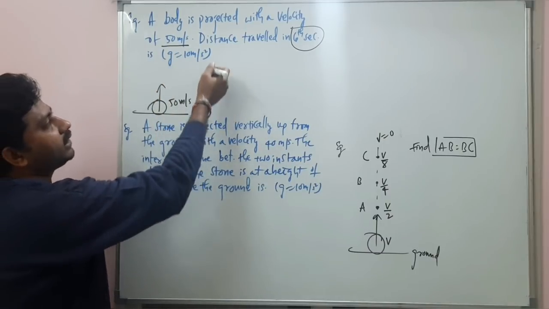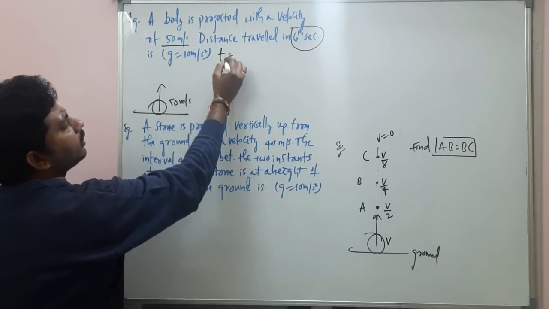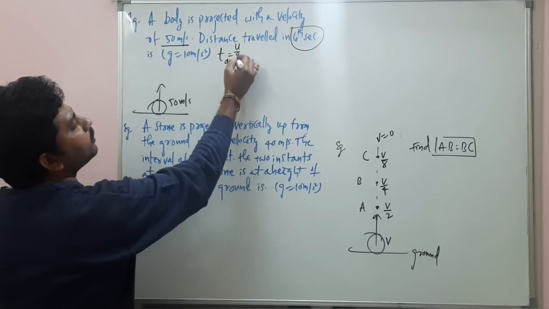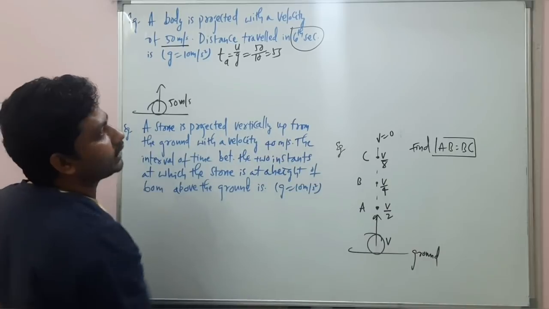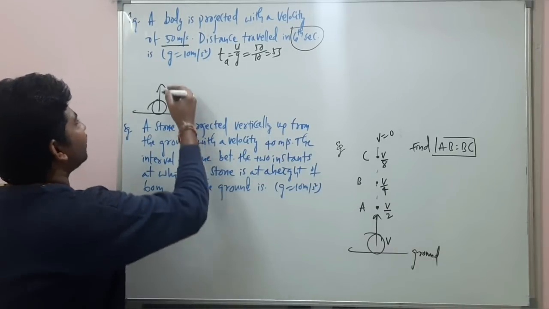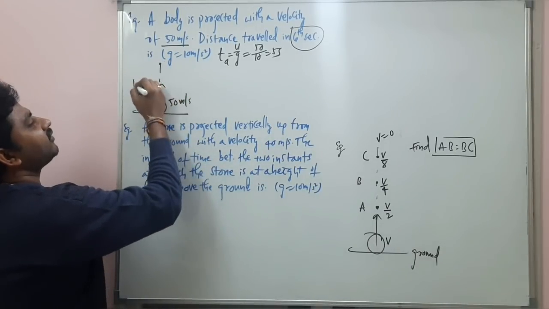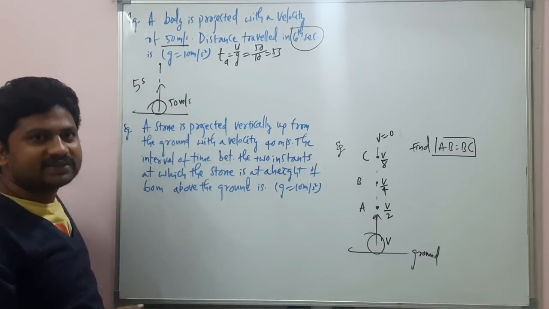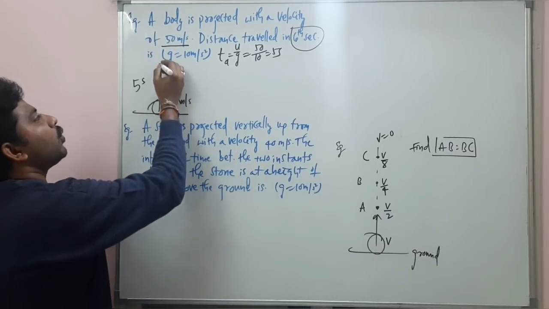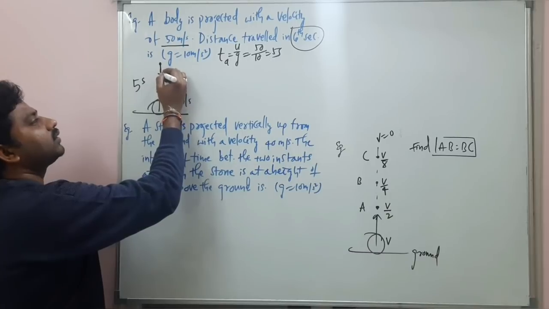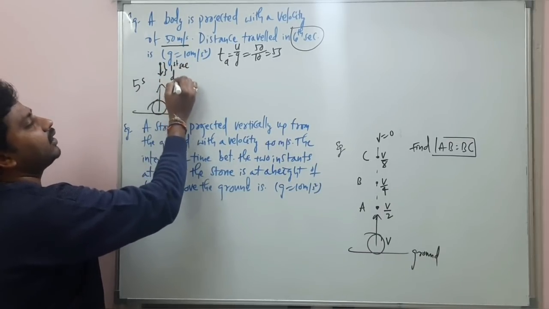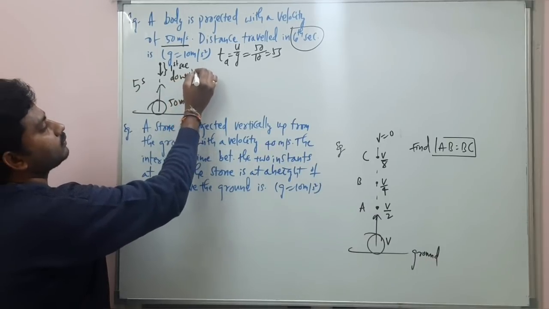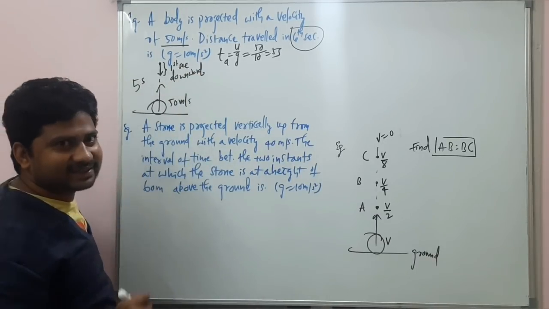So, time taken by it to reach the maximum height, we have the formula, time of ascent, which is u by g. U is 50, g is 10, it's 5 seconds only. So, 5 seconds it will take to reach the maximum height. 6th second means what? While coming down, right? So, this is the first second of downward motion, the 6th second.